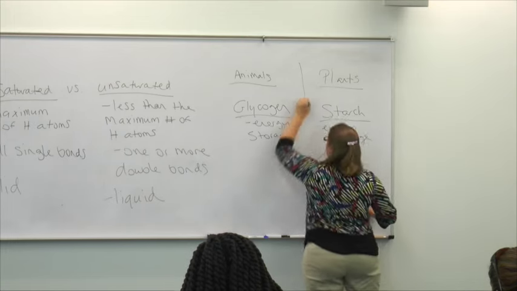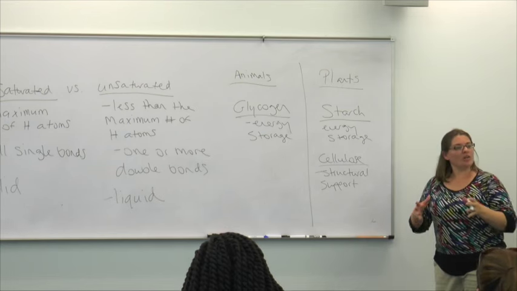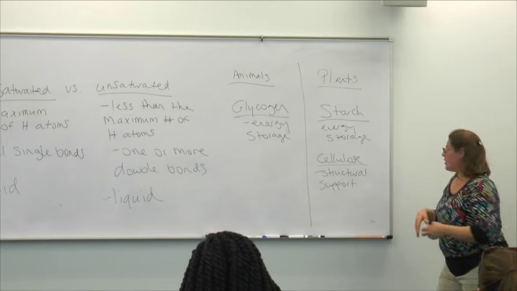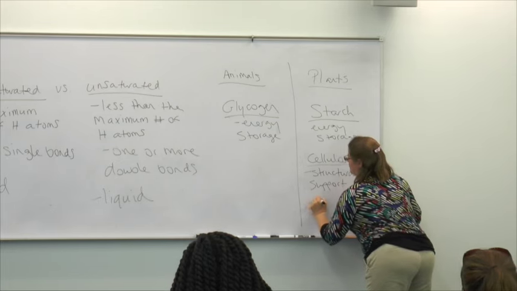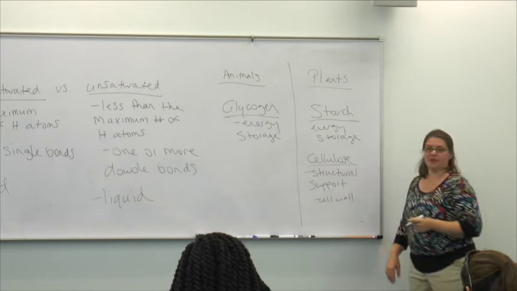Let me just put a line down here to separate it. Okay? And what part of the cell is made of cellulose? The cell wall. Okay? Cell wall is made of cellulose.